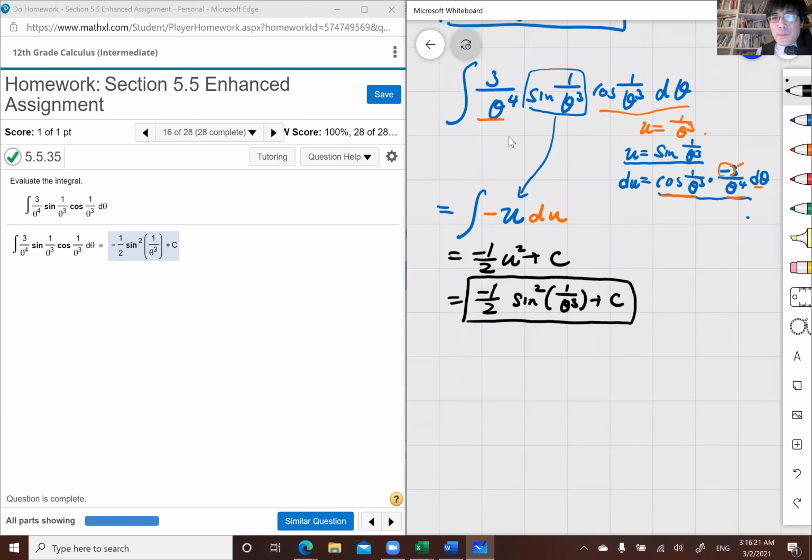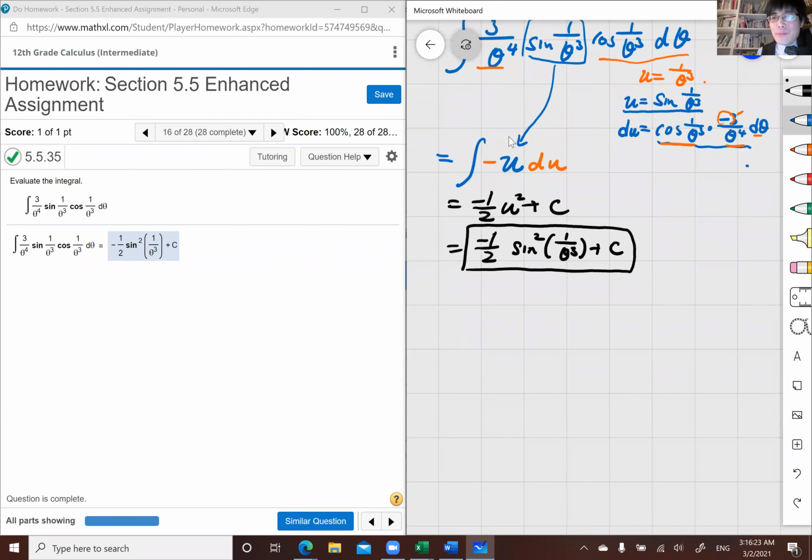Now let's play a bit more. How about if we just try u equal to 1 over theta cubed only. Then the du part is going to include this one only. So after the substitution, it's going to be sine of u, cosine of u, and minus du.